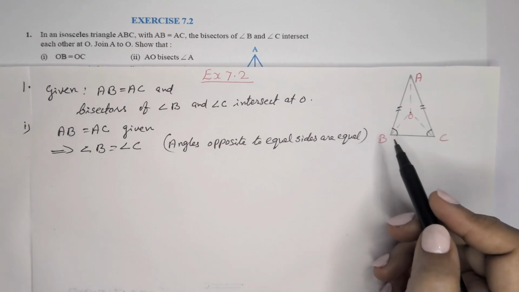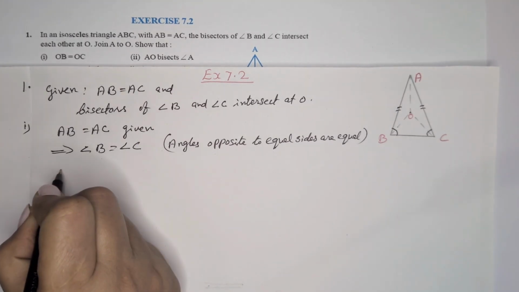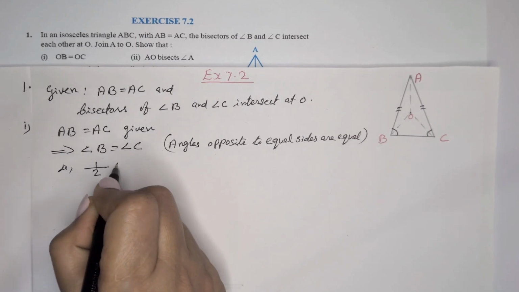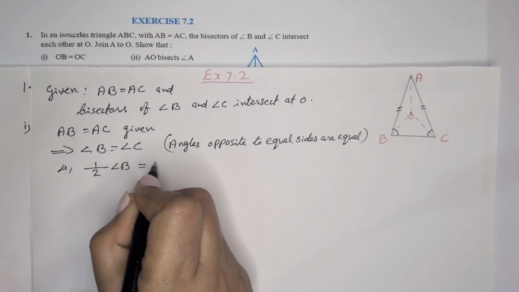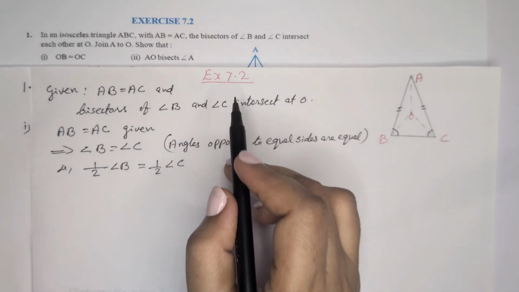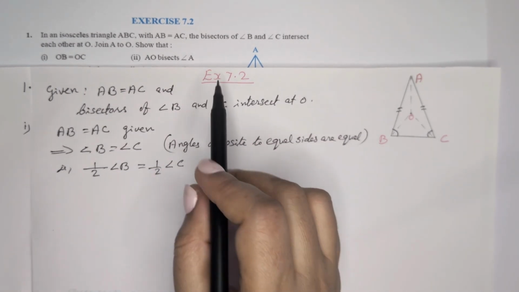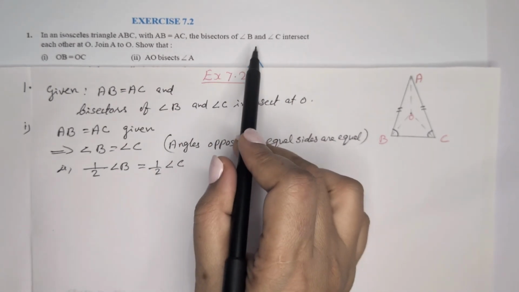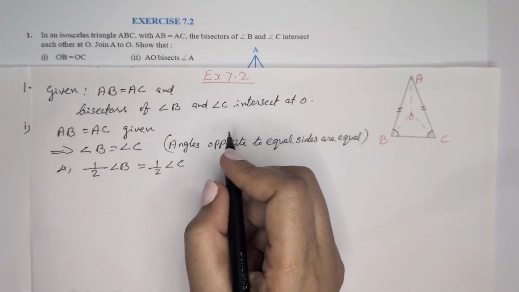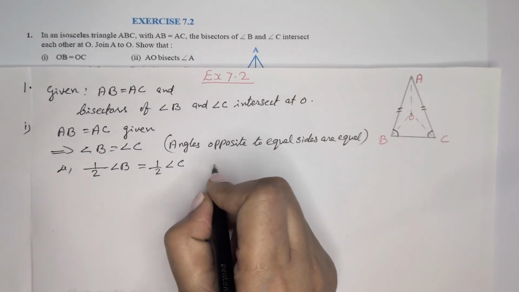So base angles are equal. From that, if we are taking half of that angle, half of angle B is equal to half of angle C. That also here given angle bisector. Angle B and angle C are bisectors of that.